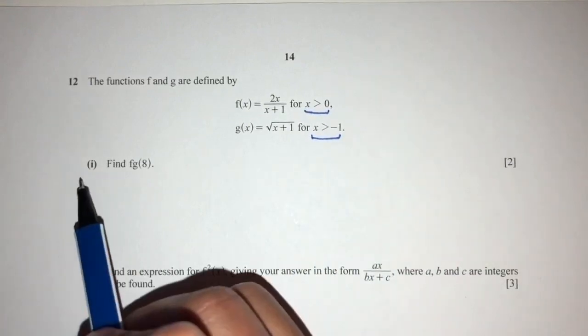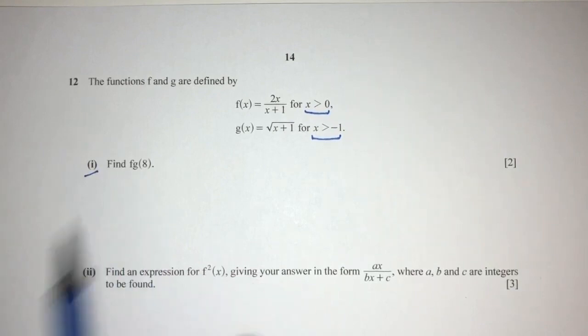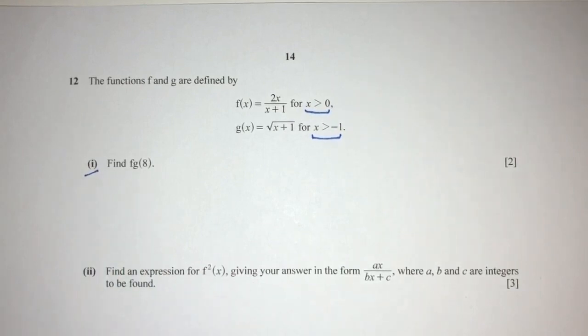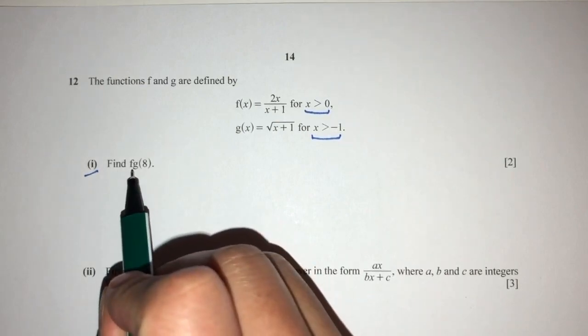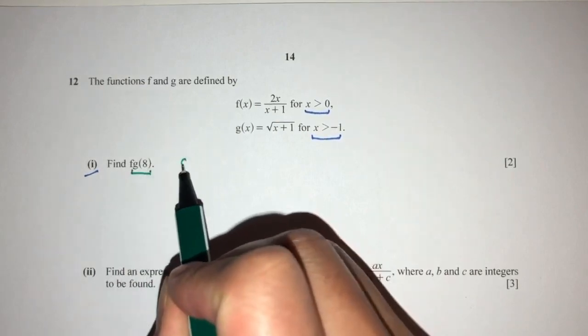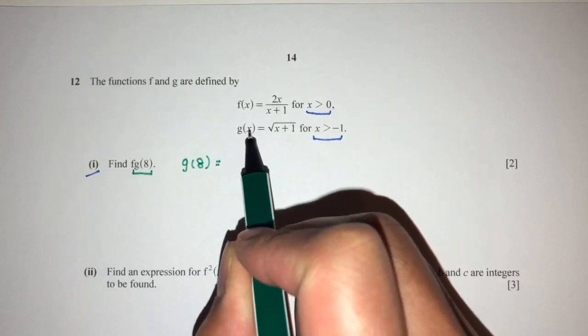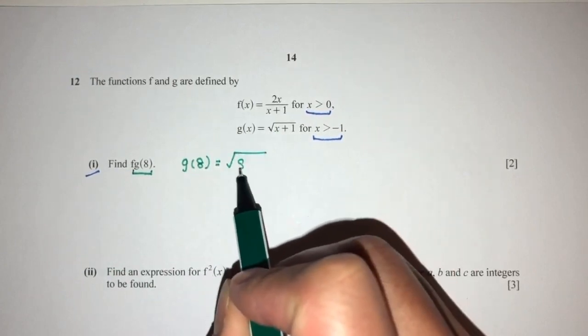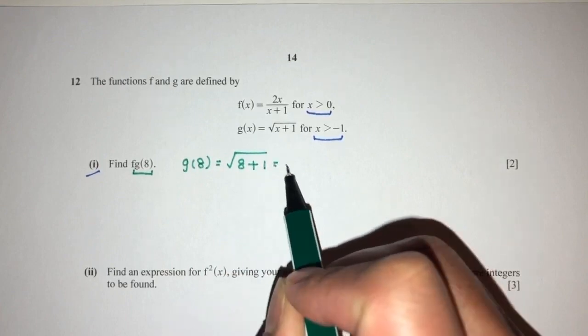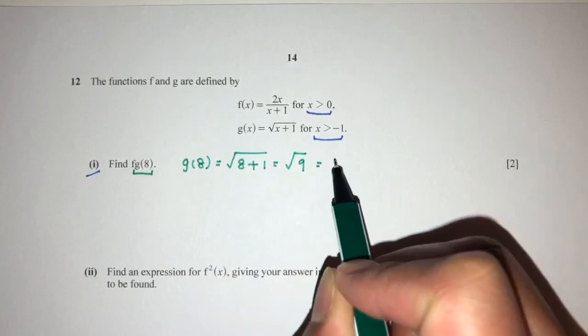Now part 1, we have to find f of g of 8. When we have this kind of question, we can break it down. First we can just focus on this one. Let's first find the value of g of 8. g is here. Replace x by 8. You will have root 8 plus 1, that will become root of 9, that will be 3.